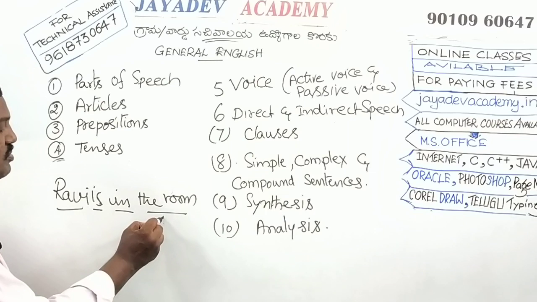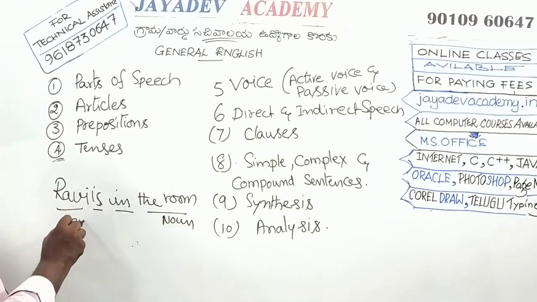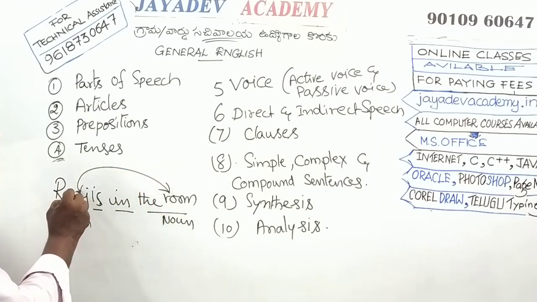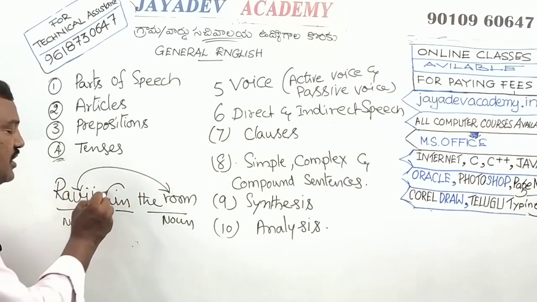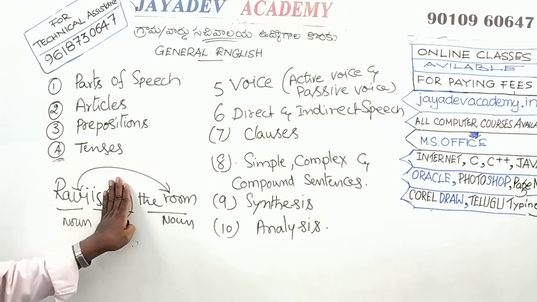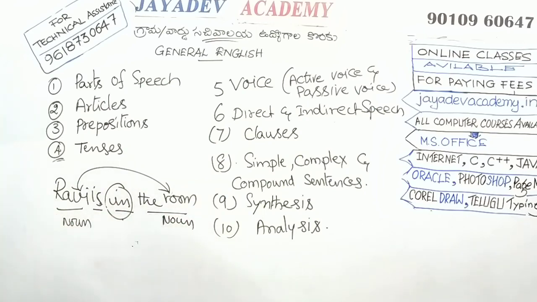Here the room is a noun and Ravi is a noun. The relation between the 2 nouns is expressed by the preposition in. If you remove the preposition, Ravi is the room, we can't understand. So preposition is a word which links 2 words in the sentence.